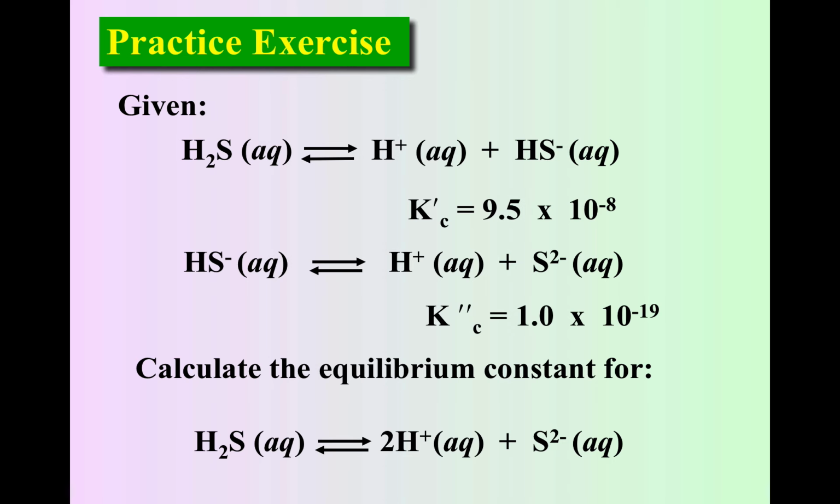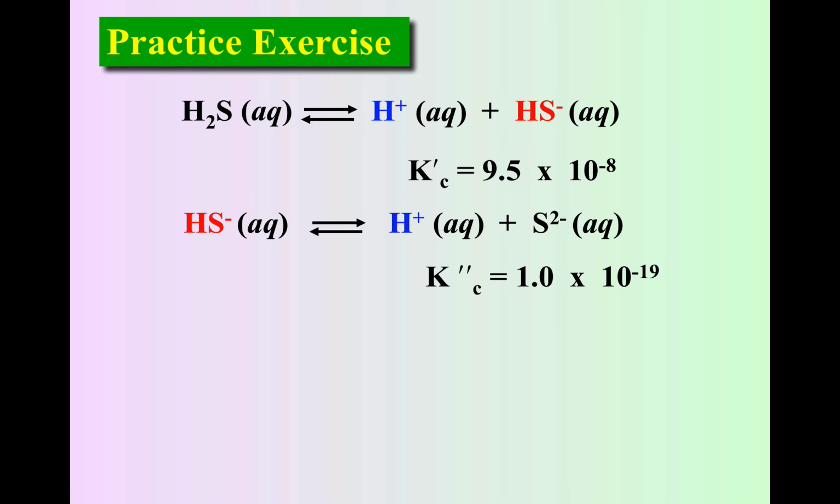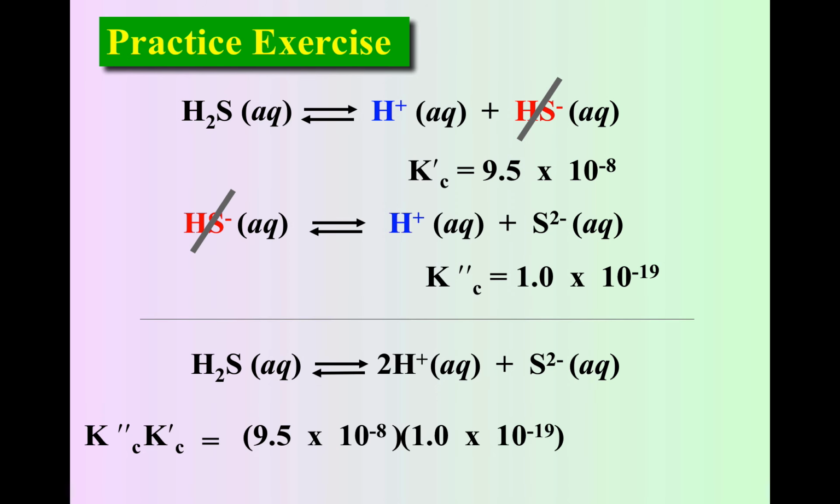So if I added these equilibria together, I would cancel hydrogen sulfide and then end up with 2 moles of H plus and 1 mole of sulfide. And I'd multiply the K values and get the overall K value.